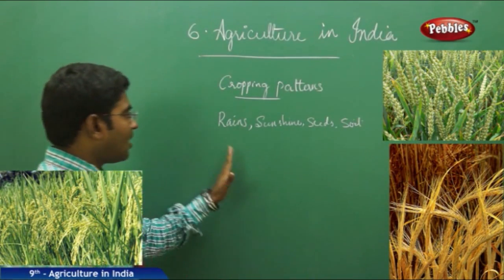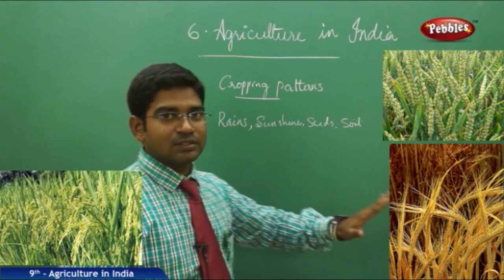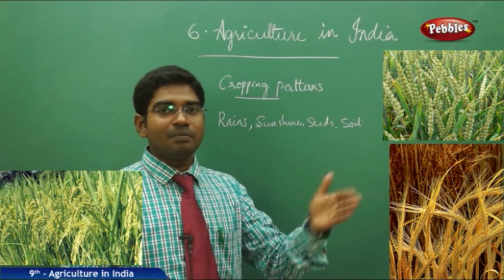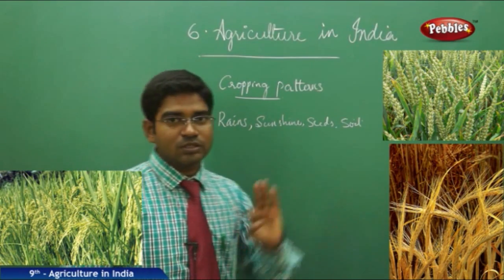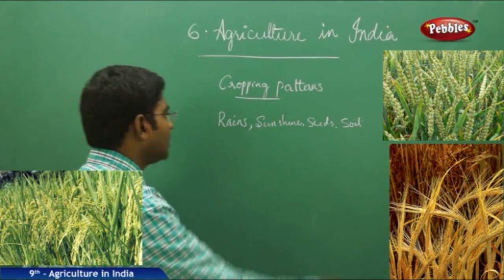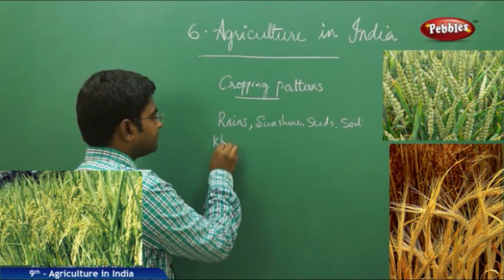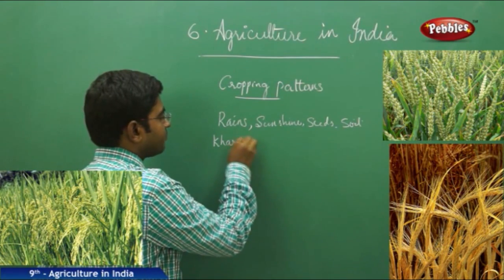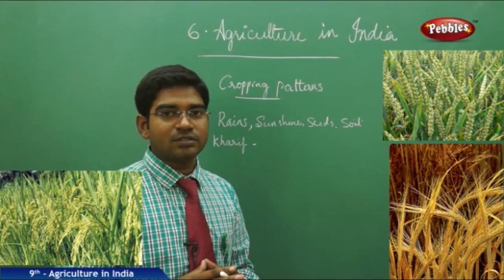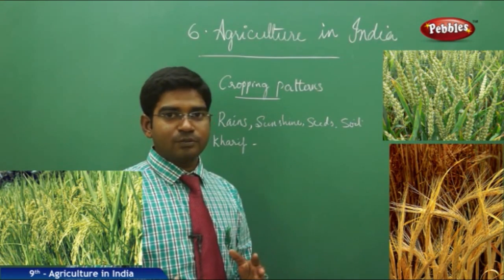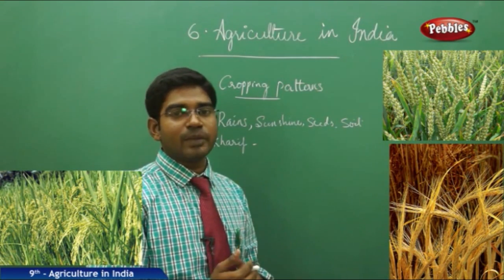Now, after all these factors are set, we again have variation by place. As soon as the onset of the monsoon starts, we have the season called Kharif. This is the season where the farmers wait for the rains, and as soon as the monsoon sets in, they start working on making the crop.